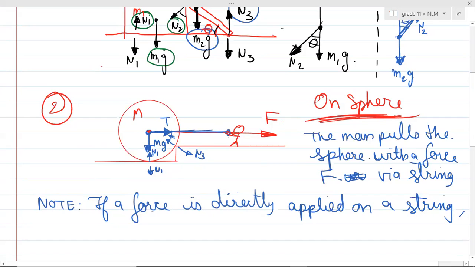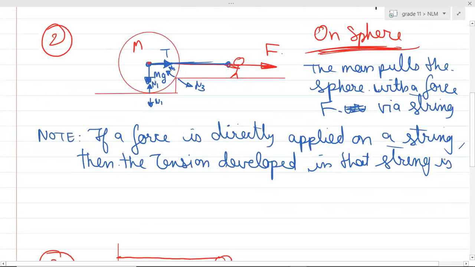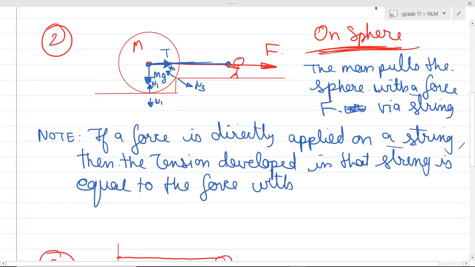So if a force is directly applied on the string, then the tension developed in that string, and please remember it's an ideal string, is equal to the force with which we are pulling this.